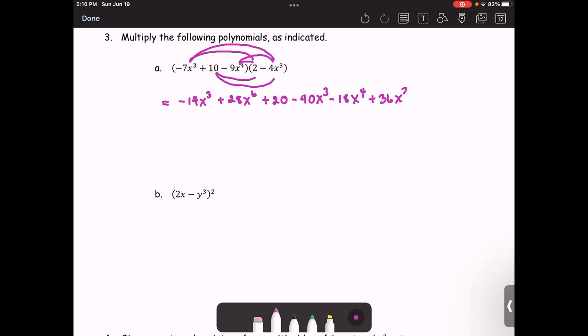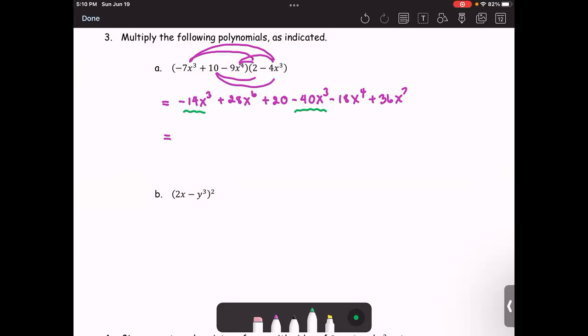From these 6 terms, we are going to look for like terms to combine. For the power 3 of x, negative 14 x to the third, we have another term that has the same variable factor, x to the third as well.